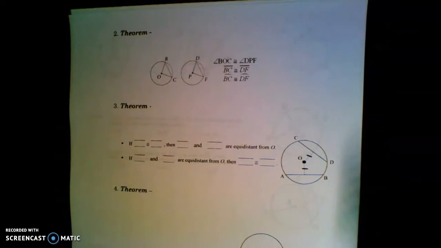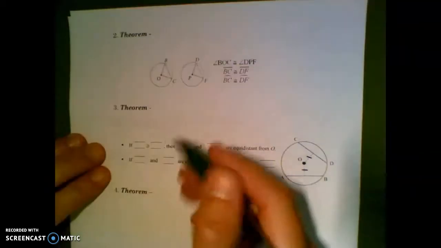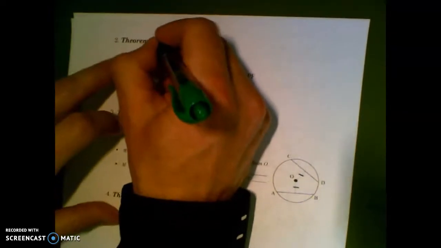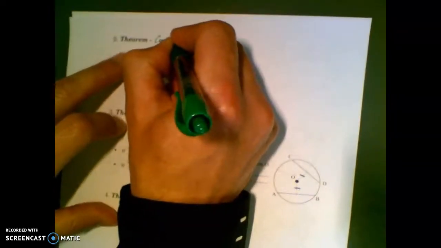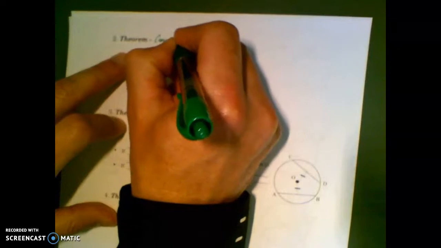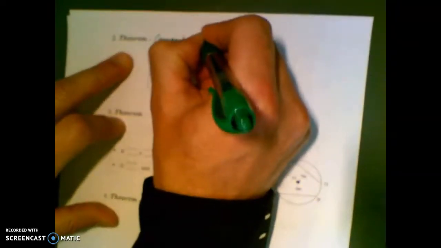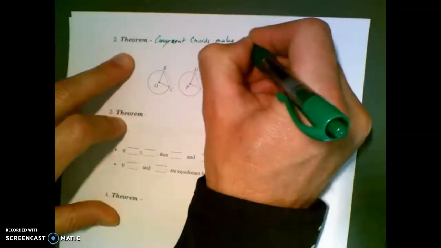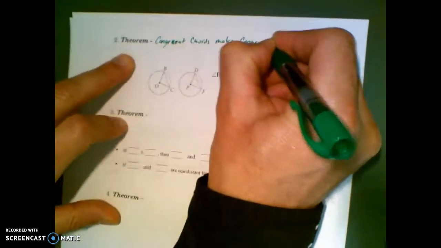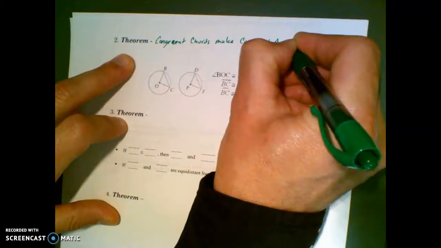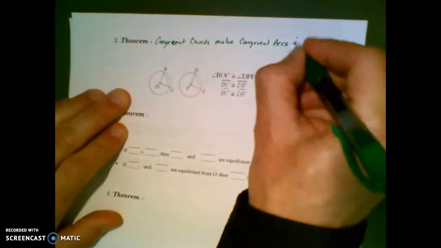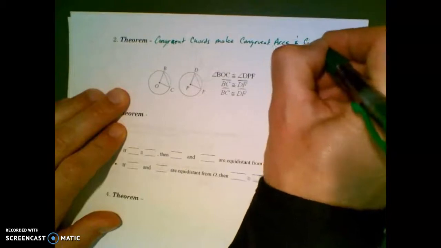The first one I kind of illustrated to you on my kitchen floor, and it is that congruent chords make congruent arcs. And I'm going to add to that, I should have added it in the introductory video, and congruent central angles.